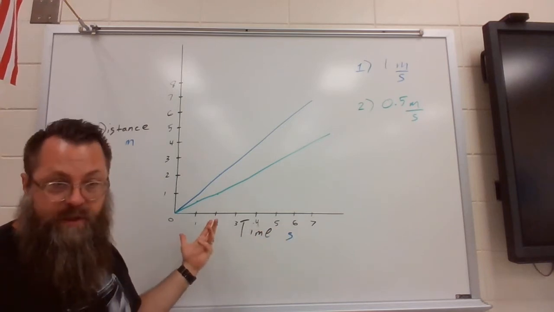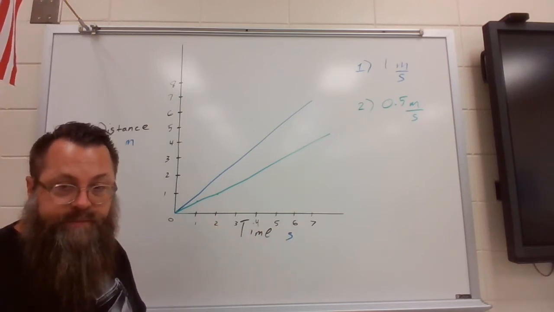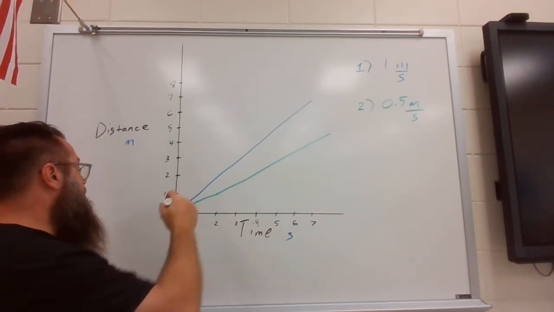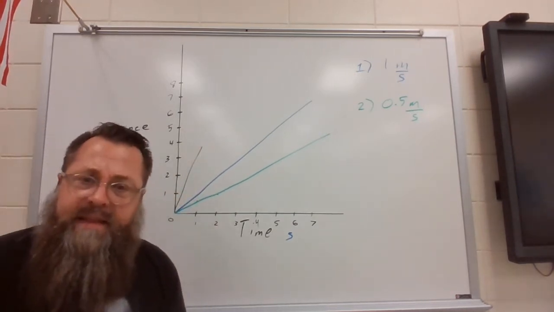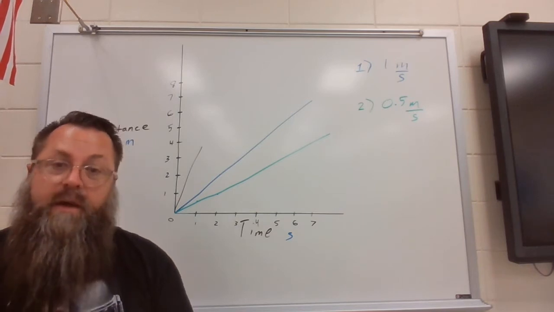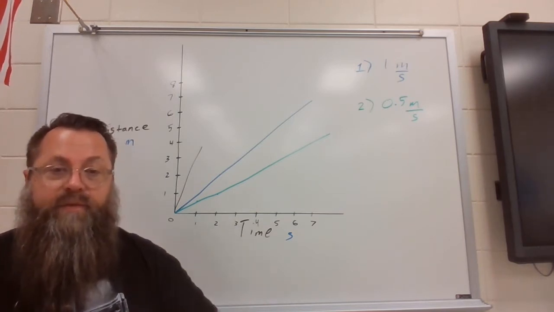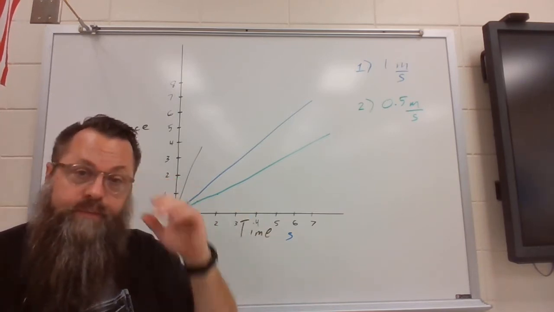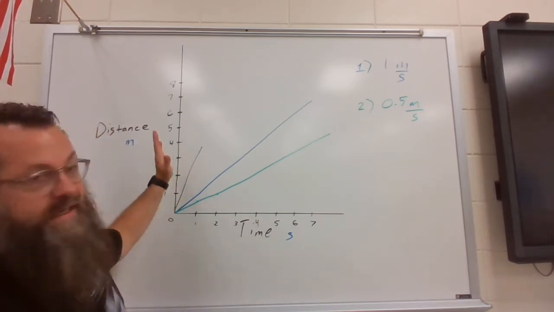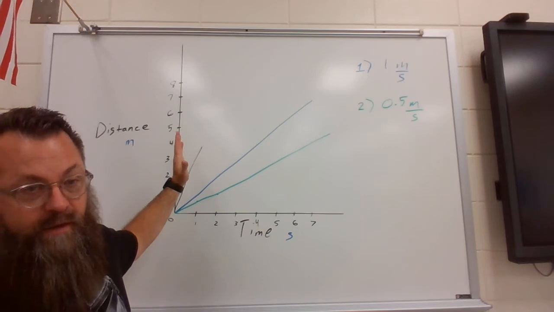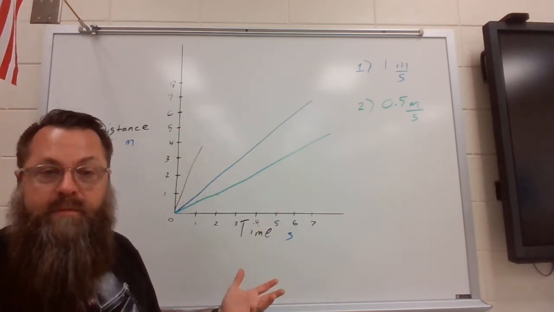The steeper the slope, the more distance that object covers for every second of travel. So on a distance time graph, the steeper, the faster; the shallower, the slower.